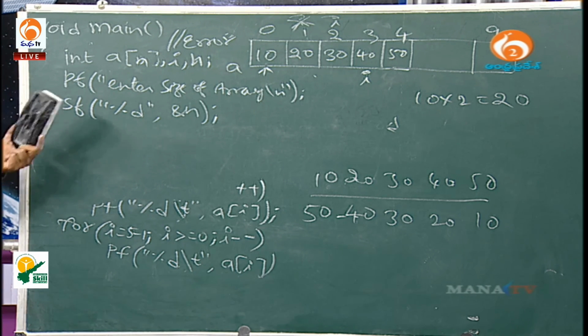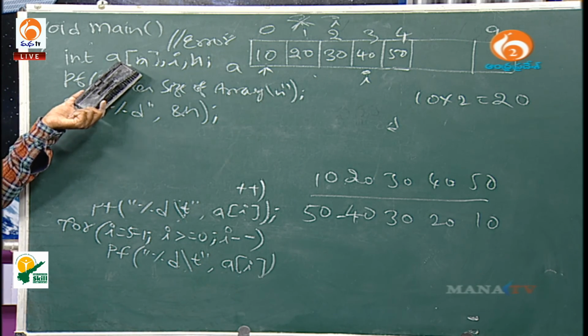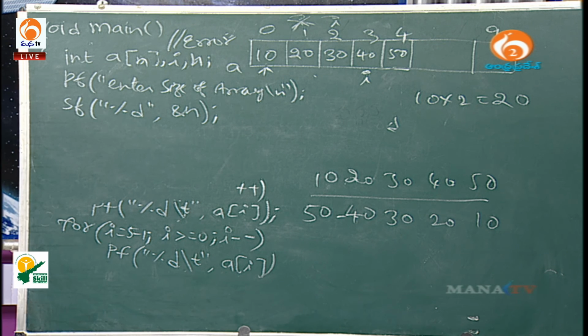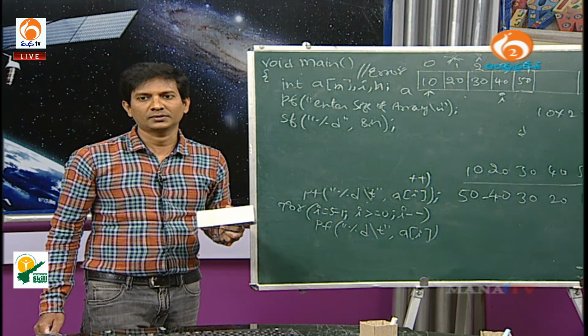Size should be a fixed size, but not a variable. If you want dynamic memory allocation, we have to use the malloc and calloc functions. They are predefined functions.